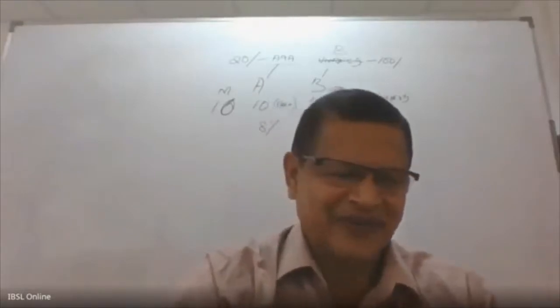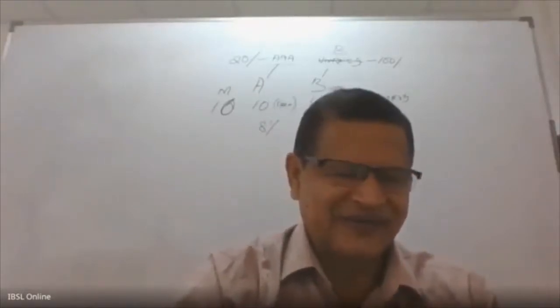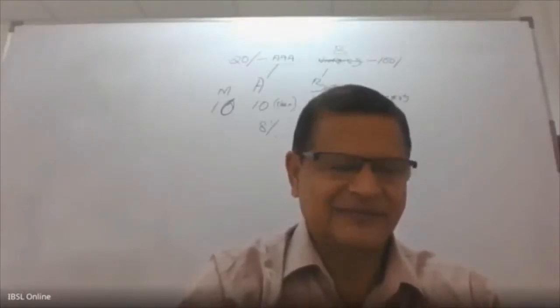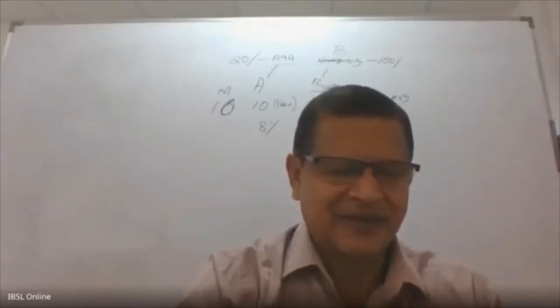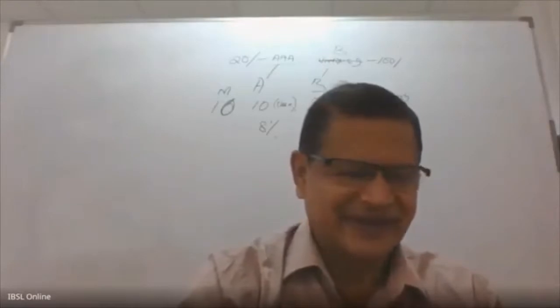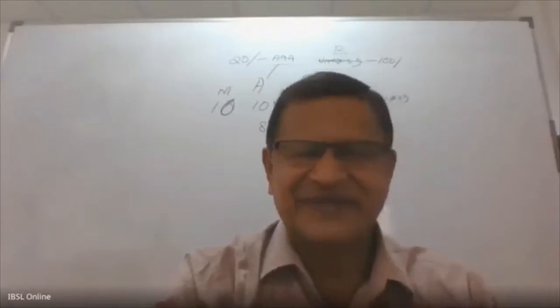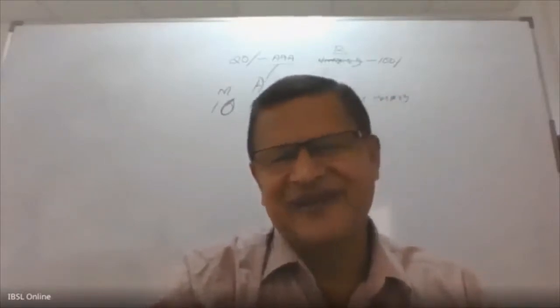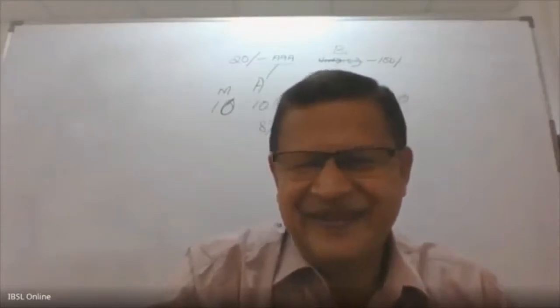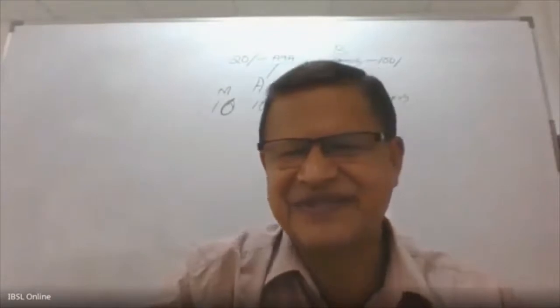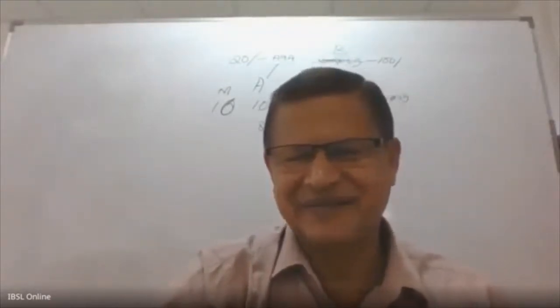So if you calculate with me, what is the first one? 18 divided by 131 into 100, which is 13.74, which is very high. A very high percentage in this particular time.